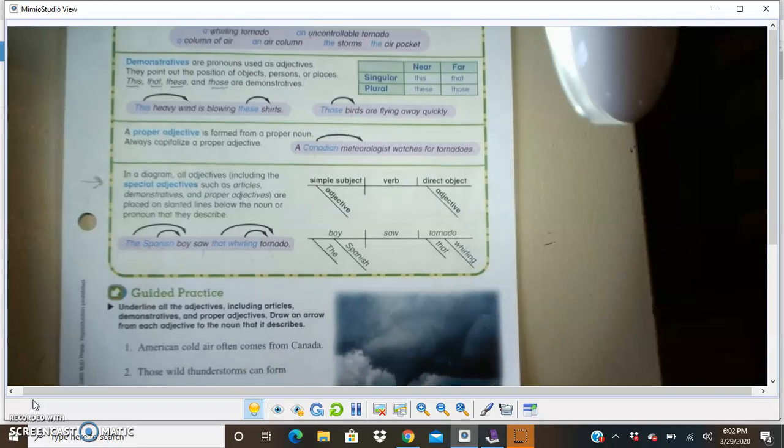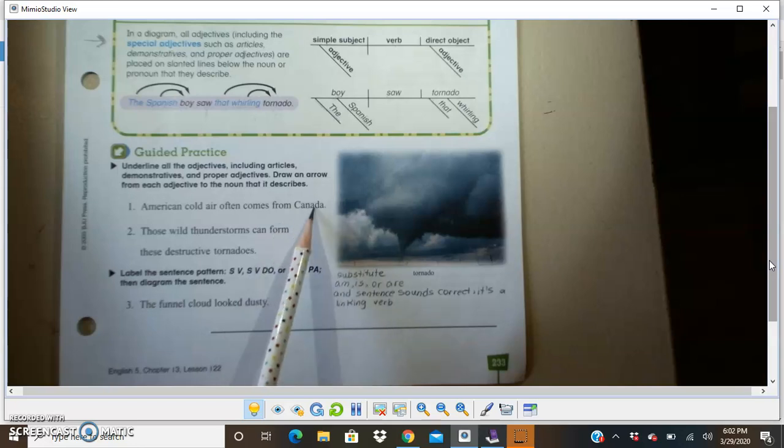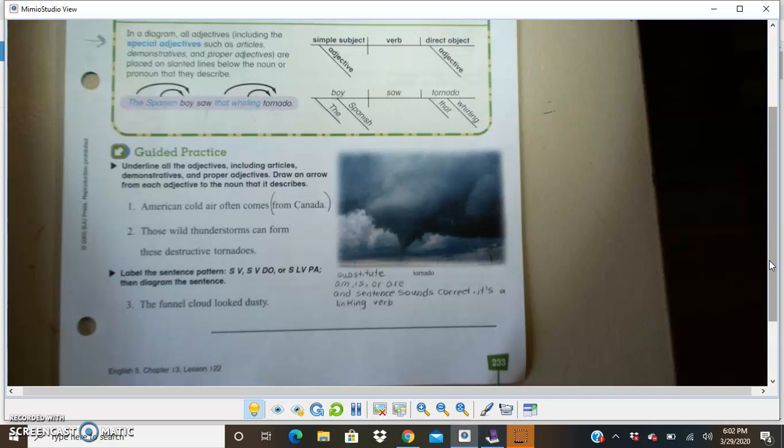For example, we're not diagramming these right here, but I just want to use this sentence just for example. American cold air often comes from Canada. From Canada is a prepositional phrase.